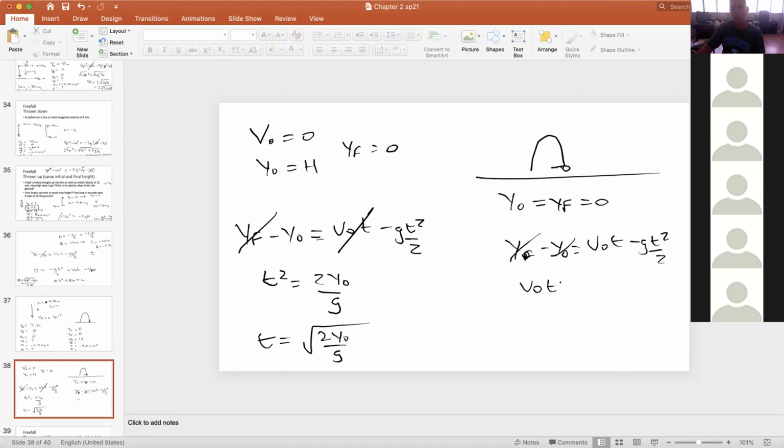So we get v naught t is equal to gt squared over 2, just moving that term over. And if I divide by t, t is equal to 2v naught over g.